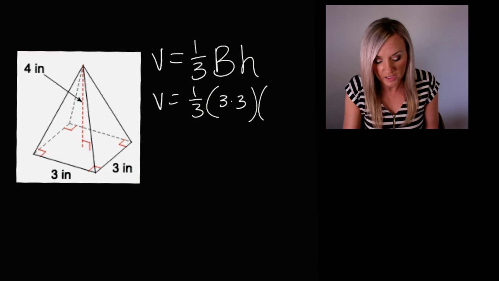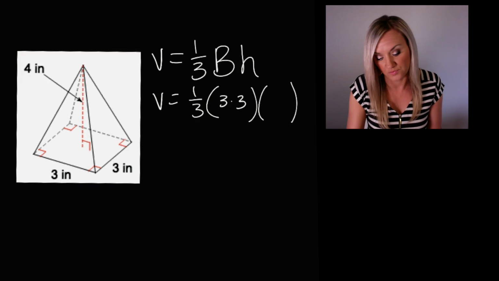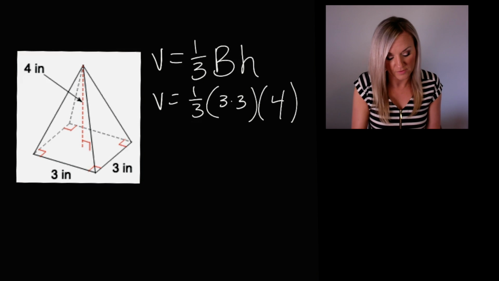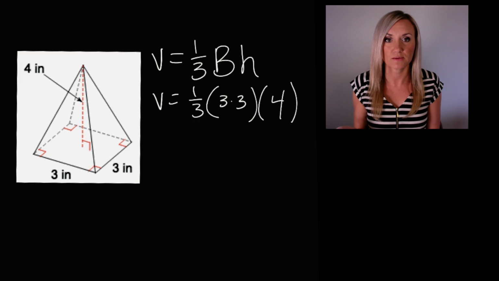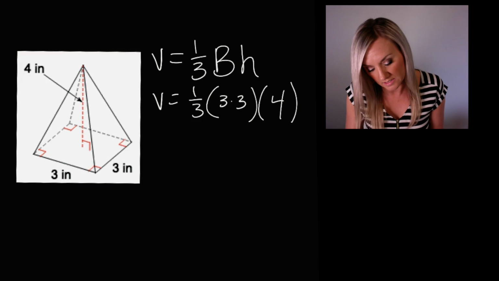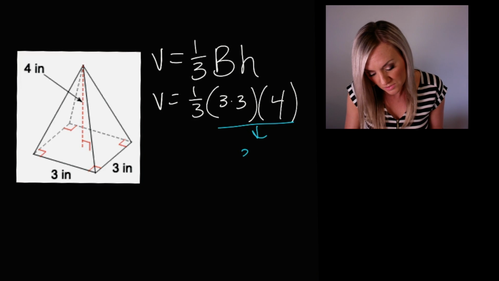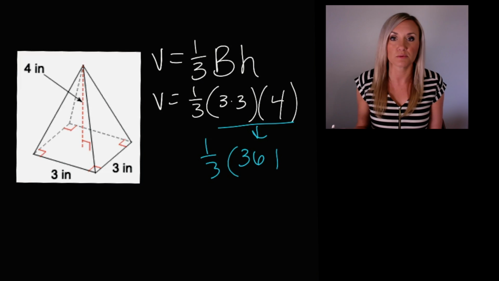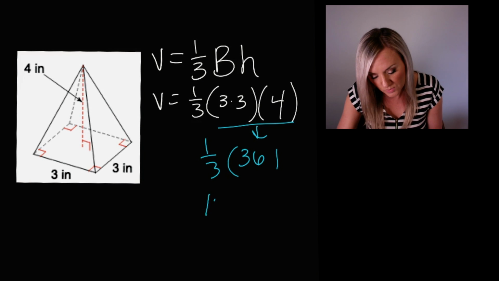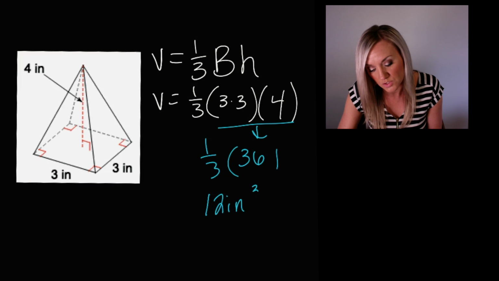The true height of our pyramid is 4. So 3 times 3 is 9, and 9 times 4 gives us 36. Then we take a third of 36, or simply divide by 3, and we have 12 inches cubed.